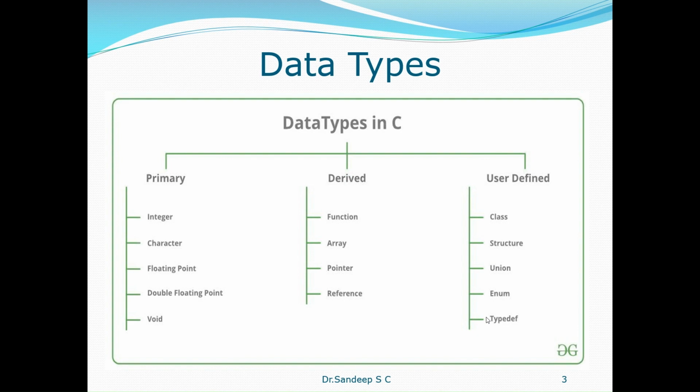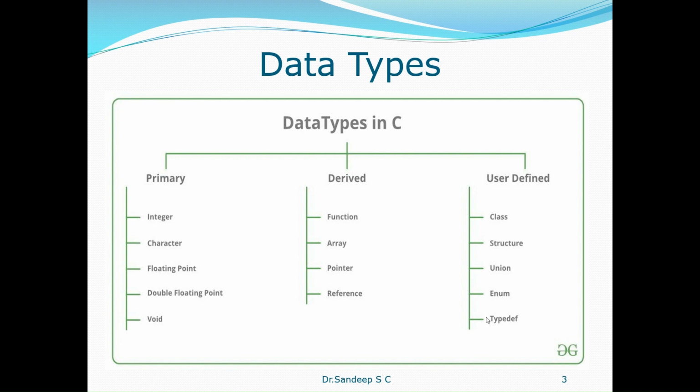However, class is not usually used in C programming; the remaining four are used. Class is more prominent in C++ than in C. Overall, the data types can be categorized in three sections: primary, derived, and user defined.